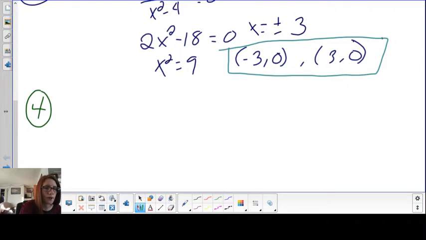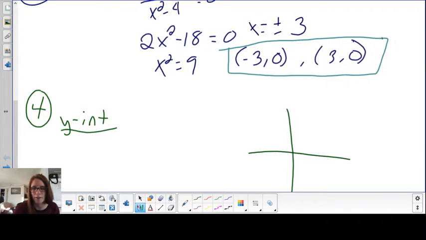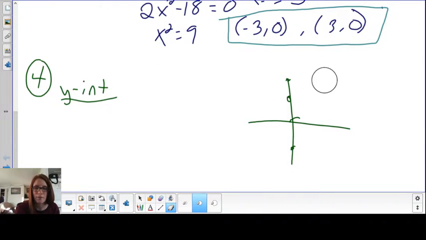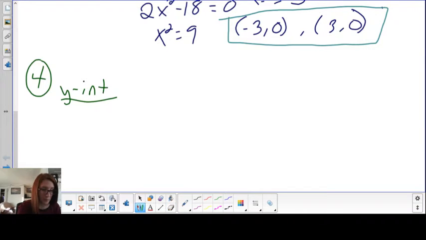I'm going to look for the y-intercept. And again, if you think about that logically, that's where my x's are going to be 0, because the intercept is where it hits on the y-axis. So I'm going to take my original and I'm going to let x be 0.